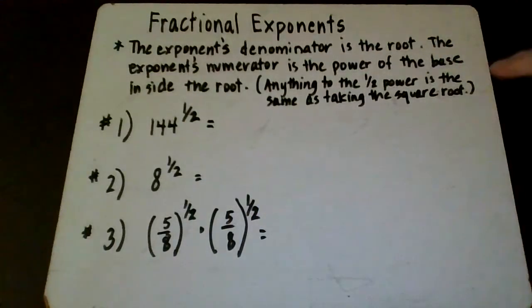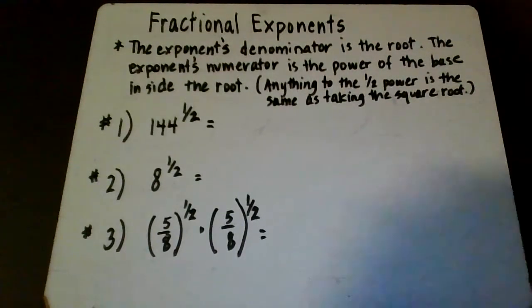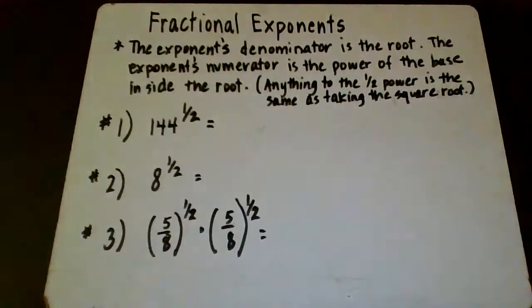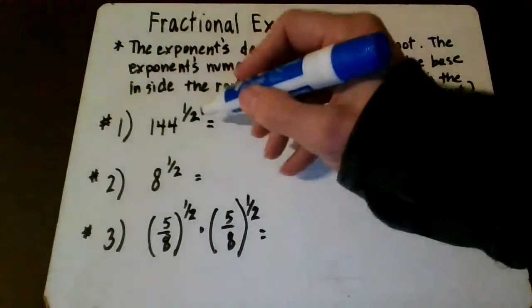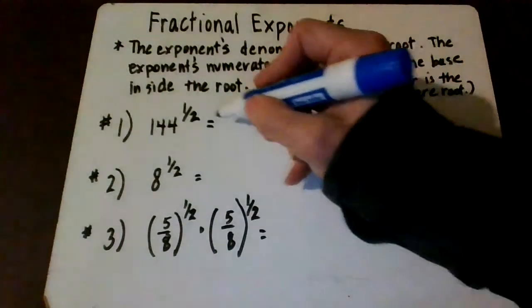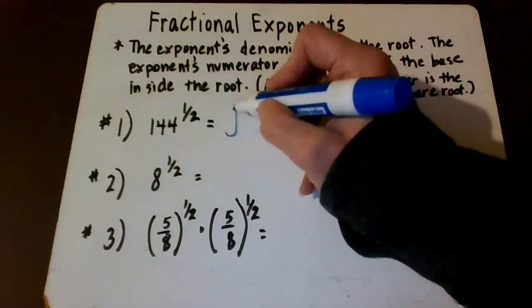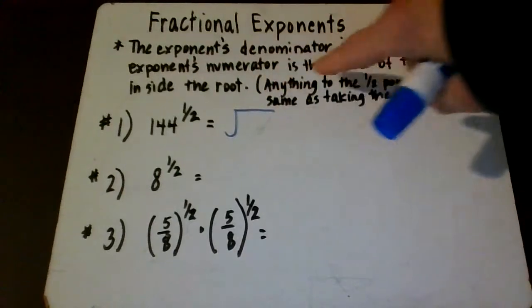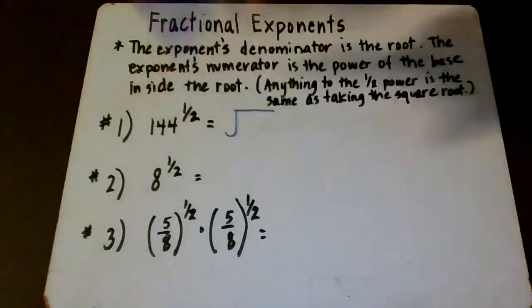And then I have a little note here that we're going to talk about in just a second. So let's go back over to this. It says the exponent's denominator is the root. Well, we have 2. We know 2 as a square root. And then it says the exponent's numerator is the power of the base inside the root.